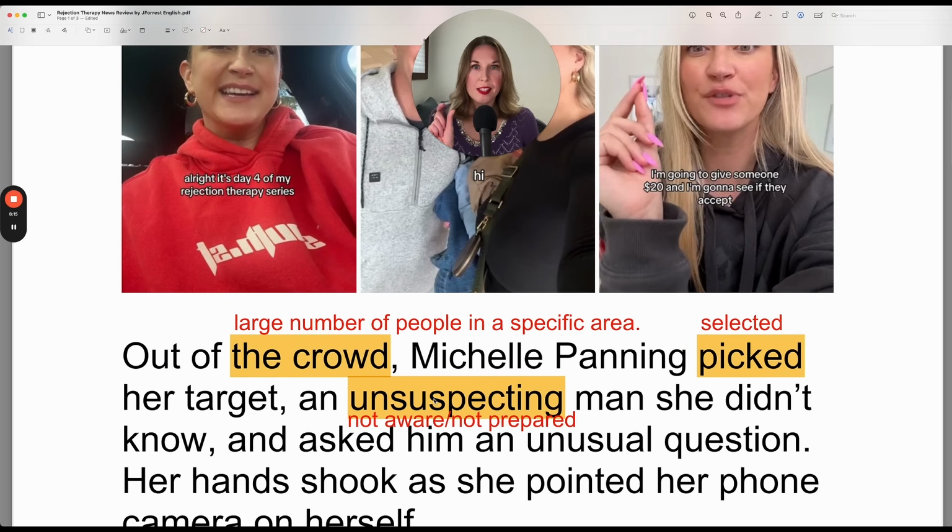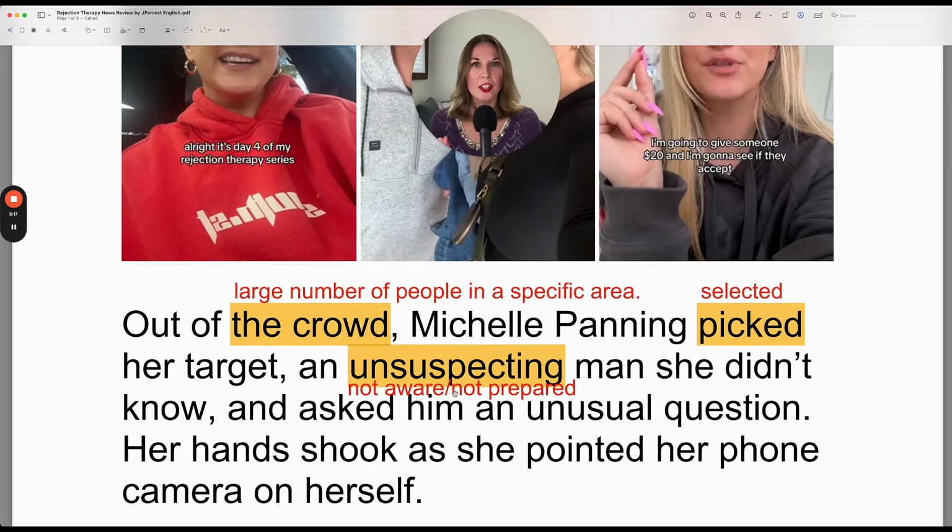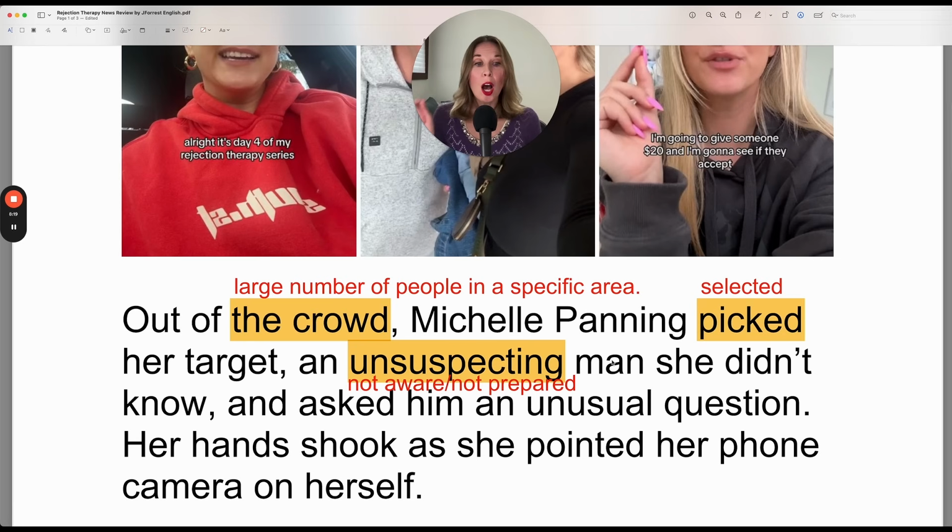Let's look at unsuspecting. This is an adjective. The noun is a man, and then you add your adjective. So the order is article, adjective, noun. Now, when you add an adjective, you might have to modify your article. So in this place, we have to add an instead of a man, because now it's unsuspecting, which starts with a vowel sound.